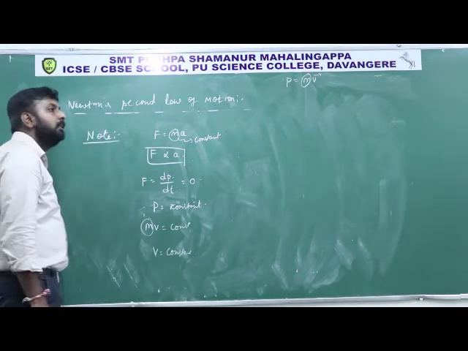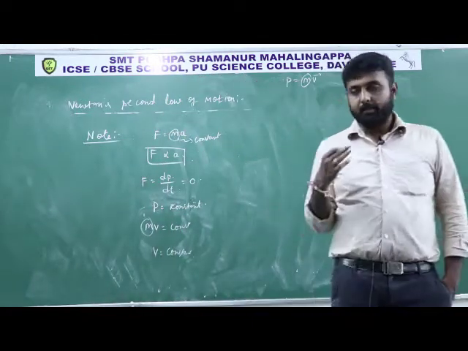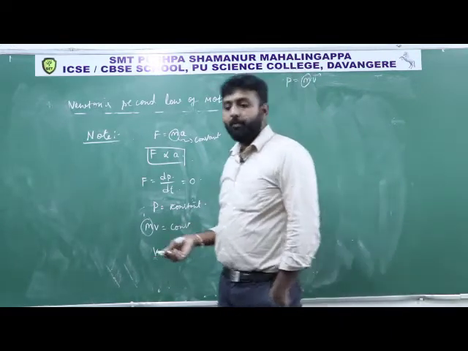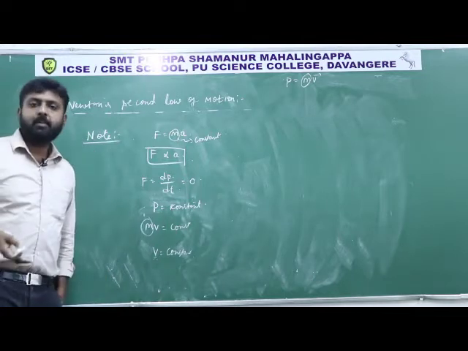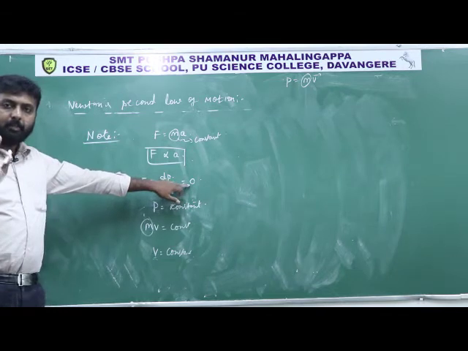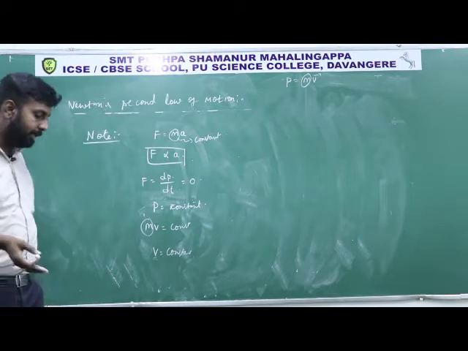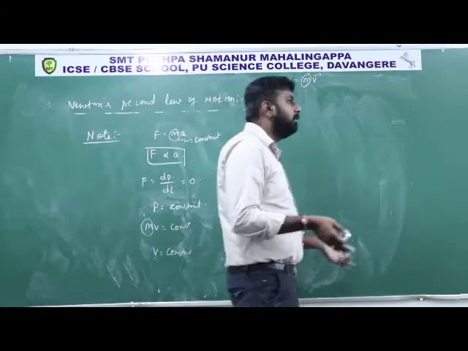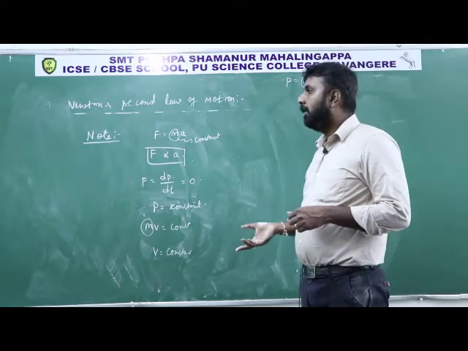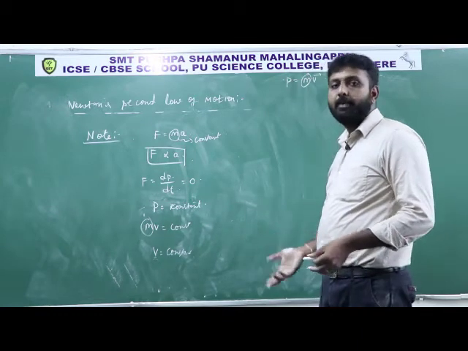What does it mean? The object is moving with some velocity, that is v. If the external force is 0, then that object will move with the same velocity. That's what we have studied in Newton's first law of motion. So Newton's second law explains Newton's first law, so it includes Newton's first law also.